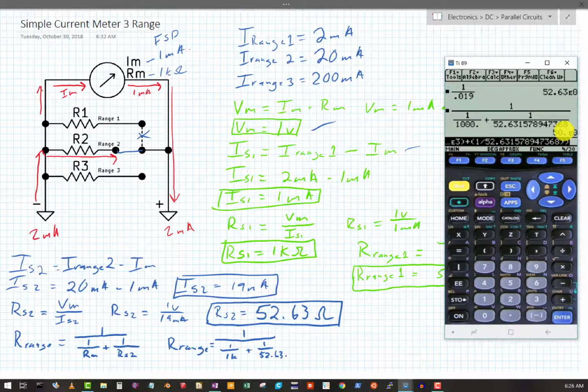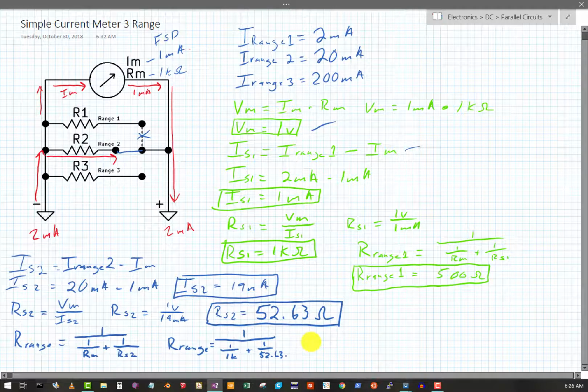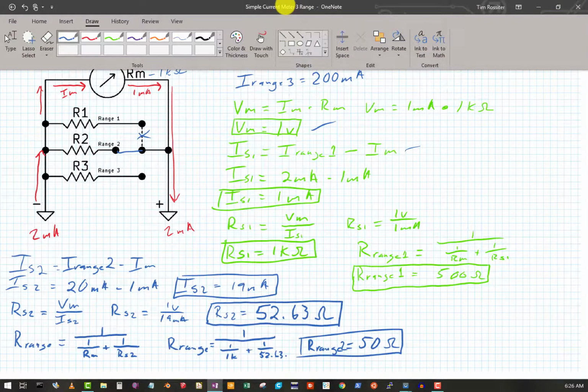Make sure it all ended up in the right spot. Oh man, look, 50 ohms on the dot. So R range equals 50 ohms, and that's range 2. Alright, very good. So now one more range to do and then we're done.